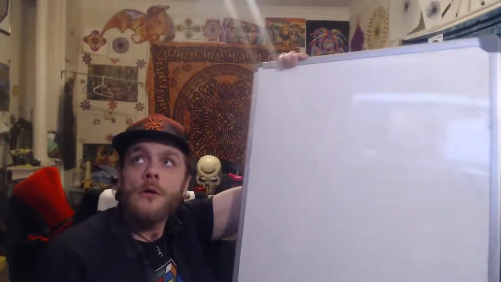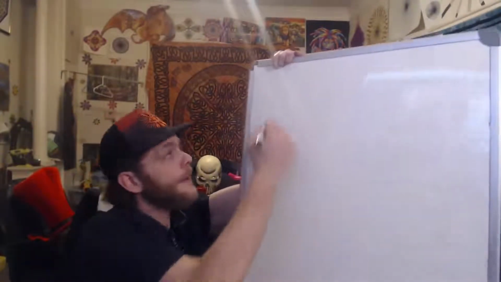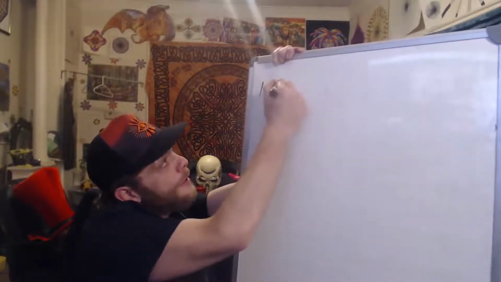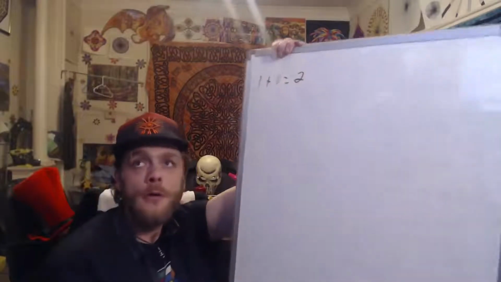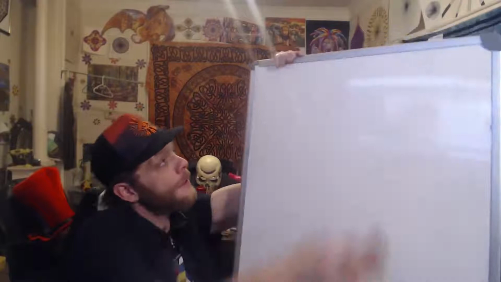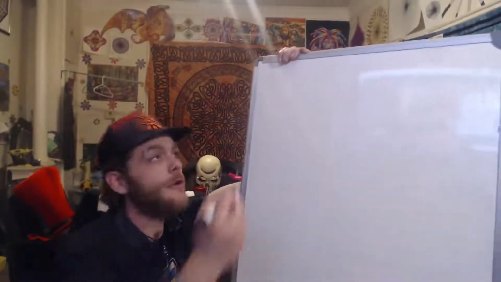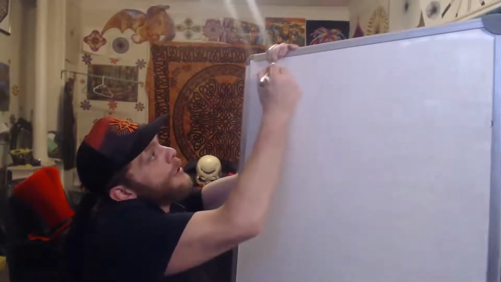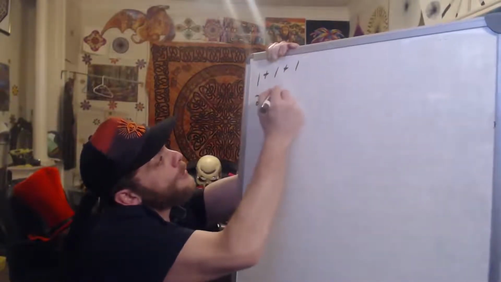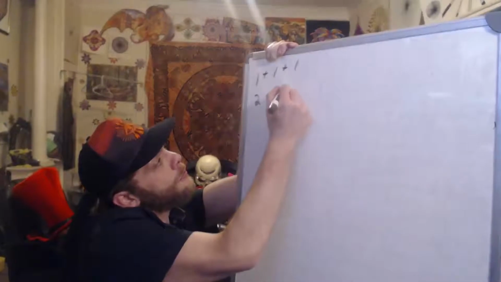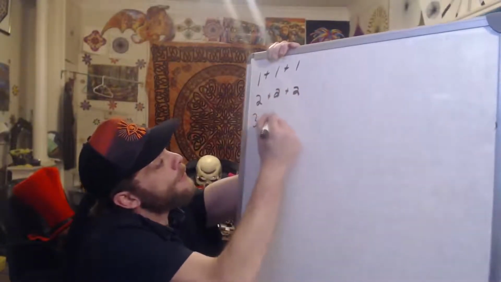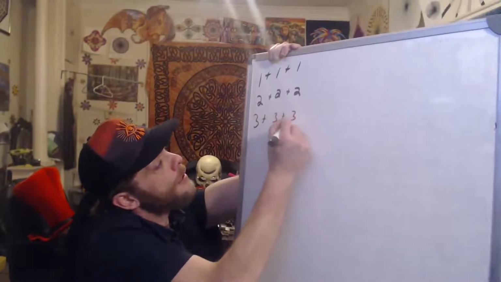When you count in 2D land, 1 plus 1 equals 2. Can't do that. We don't live in 2-dimensional land. We live in 3-dimensional land. 1 plus 1 plus 1. 2 plus 2 plus 2. 3 plus 3 plus 3.